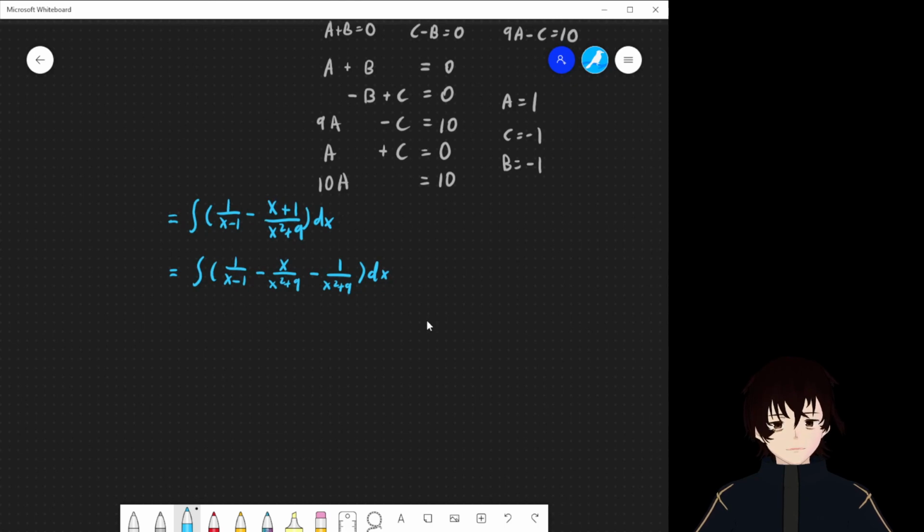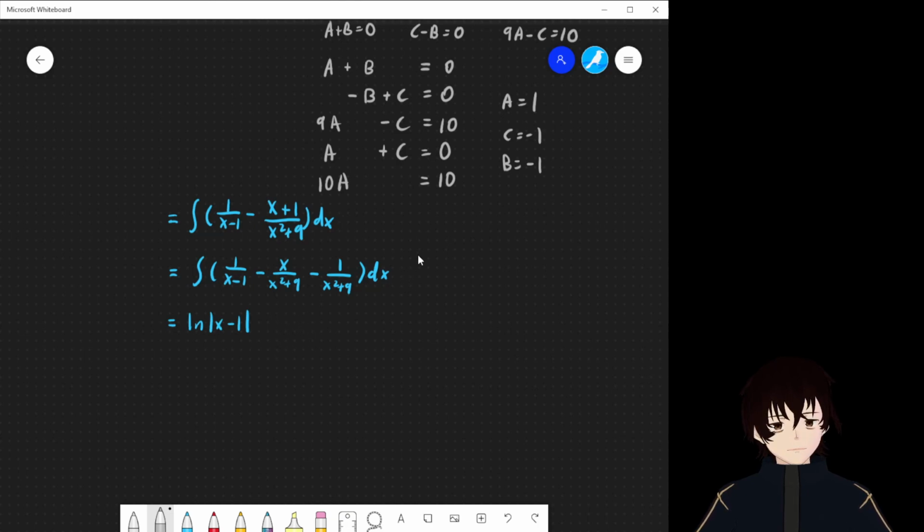Hang on. Okay, this is still gonna be quite difficult to deal with. This is equal to natural log of x minus 1. Here, if we do a u sub, I don't want to make this mistake, so let me write this out.